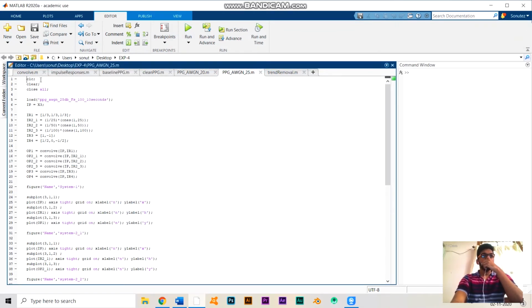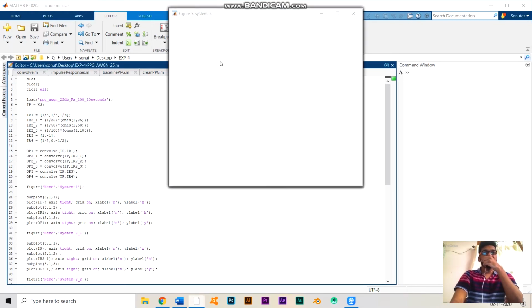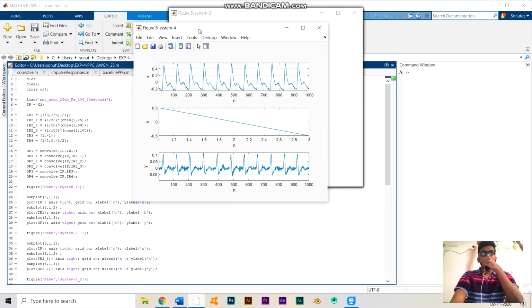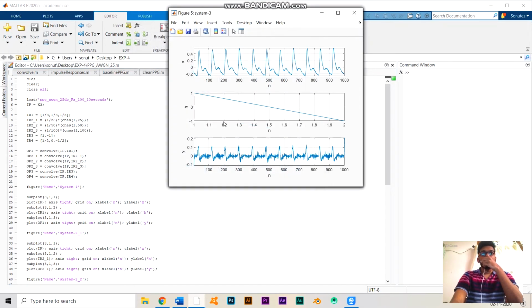Now coming to the fourth signal, we are loading the signal and writing the impulse responses of the systems, and then we are using the convol function to convolve the input signal and the impulse responses of these four systems. We have written the plot function. Now running this code, we will get 6 figures, and this one is for the fourth system, and this is the convolved signal taking the input signal and the impulse response of system 3.